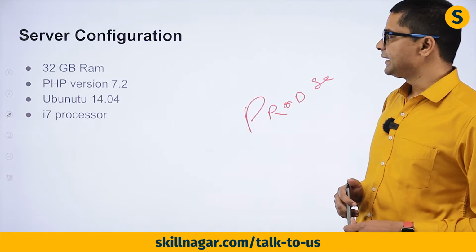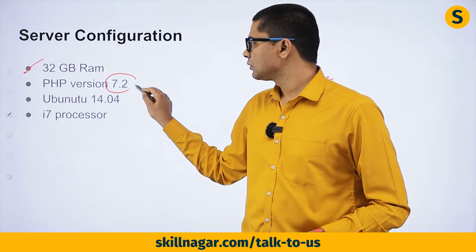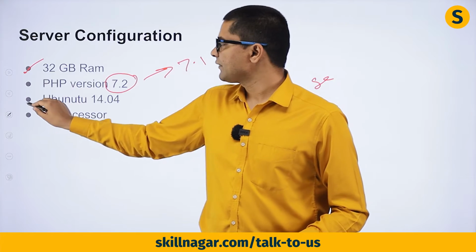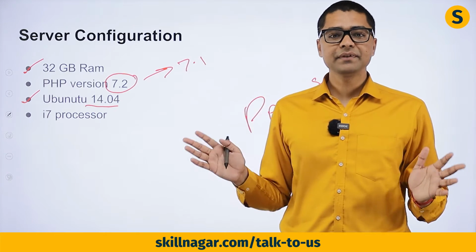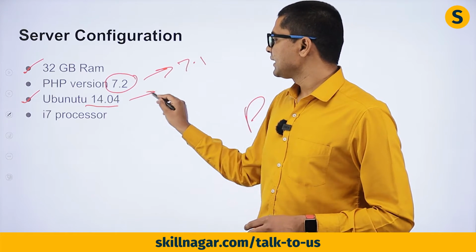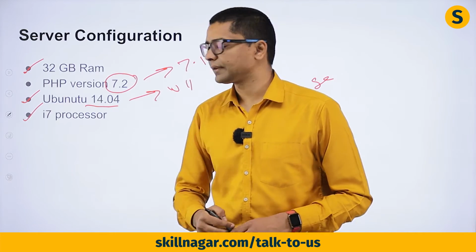So what you have there is 32 GB of RAM, PHP version 7.2, previously it was 7.1. Then you have the operating system as Ubuntu 14.04. For some reason we are assuming that these people are using Ubuntu 14.04. There it was Windows 11, and we have an i7 processor.